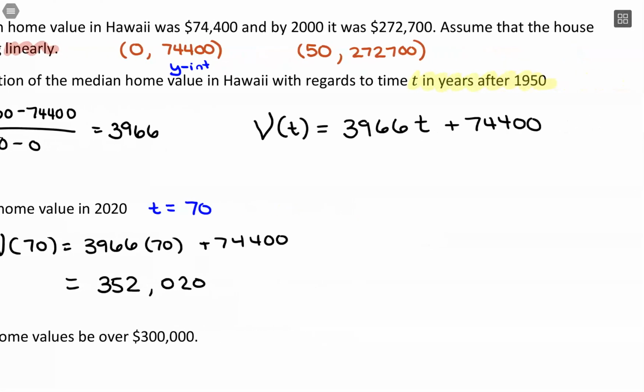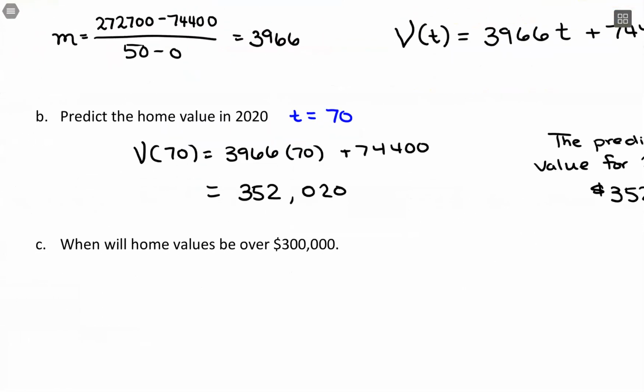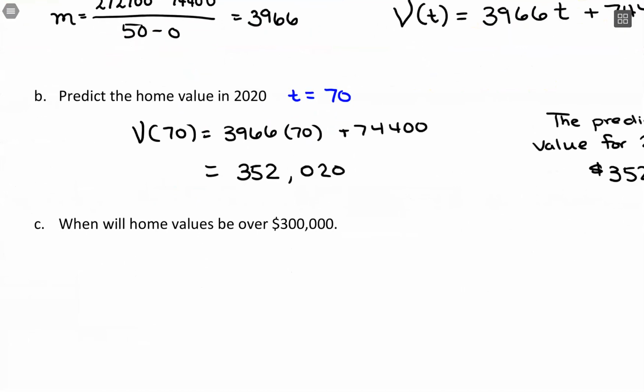So the predicted home value in 2020 is $352,020.